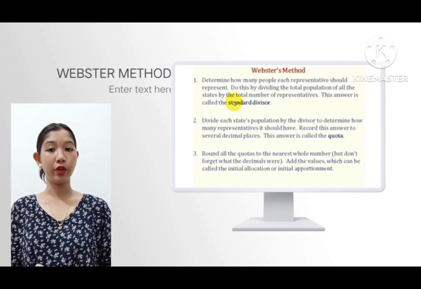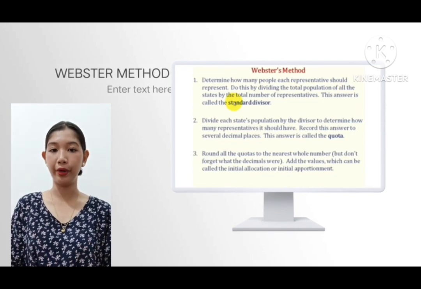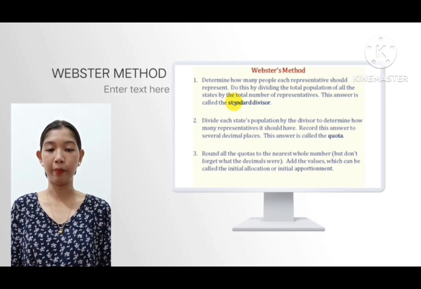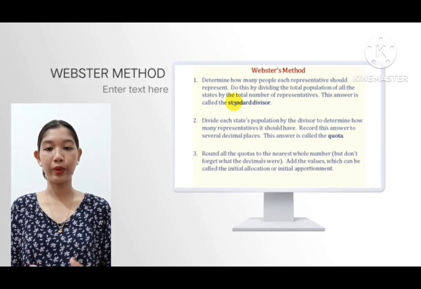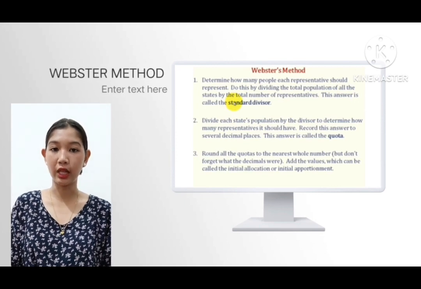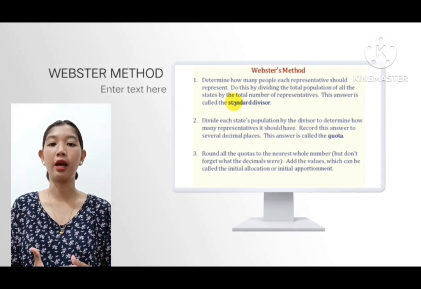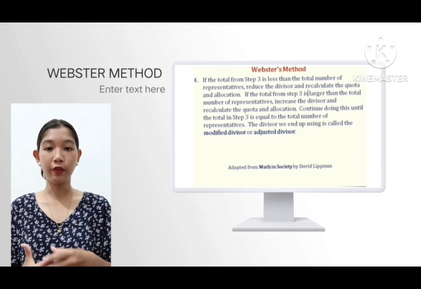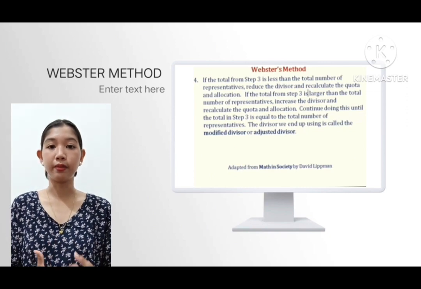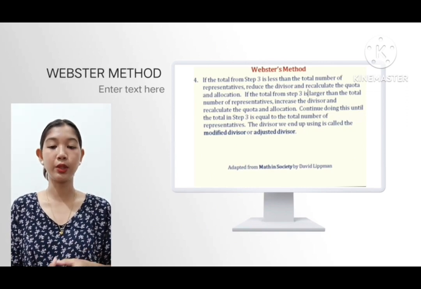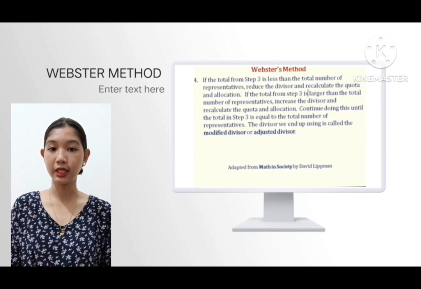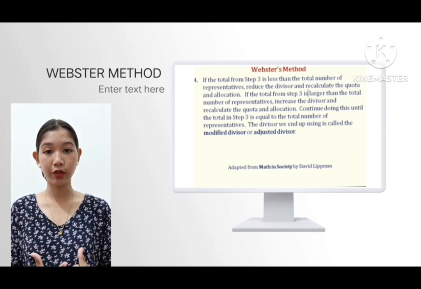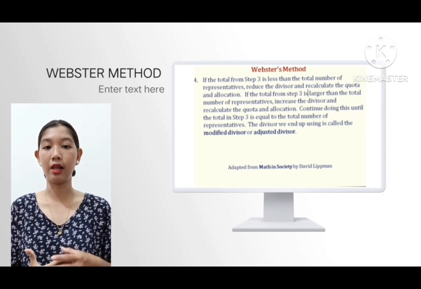So third, round all the quotas to the nearest whole number, but don't forget what the decimals were. Then add the values, which can be called the initial allocation or initial apportionment. The fourth is, if the total from step 3 is less than the total number of representatives, reduce the divisor and recalculate the quota and allocation.